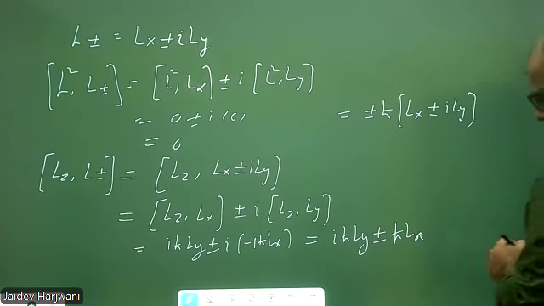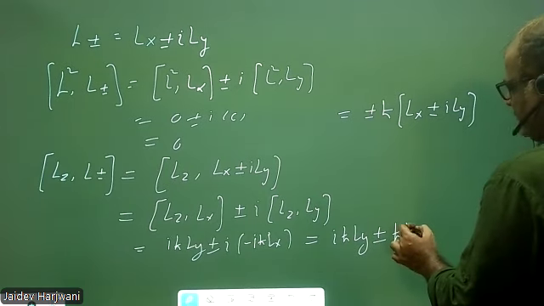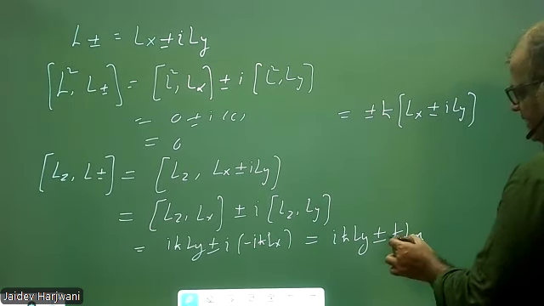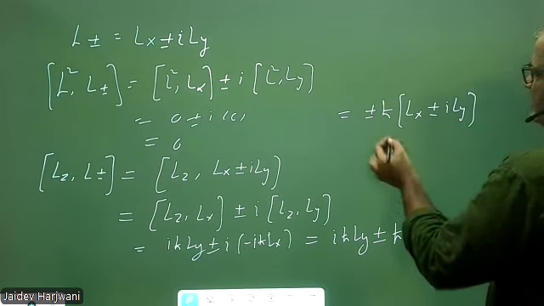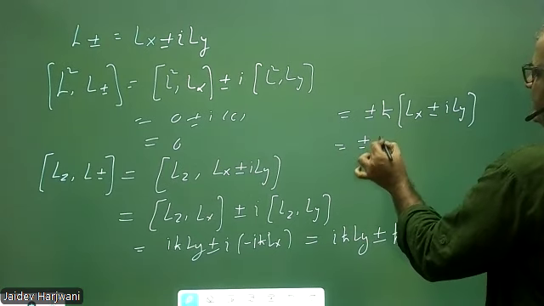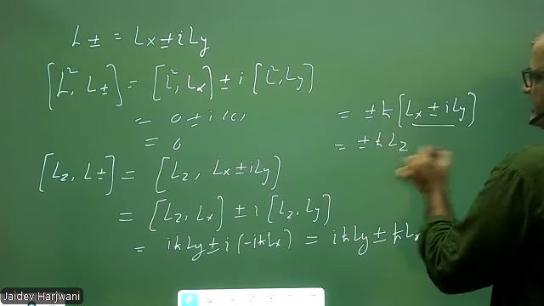So if I take plus h cross common, this will come Lx plus iota Ly. If I take minus h cross common, this will come Lx minus iota Ly. So this will become plus minus h cross, and this is your L plus minus.